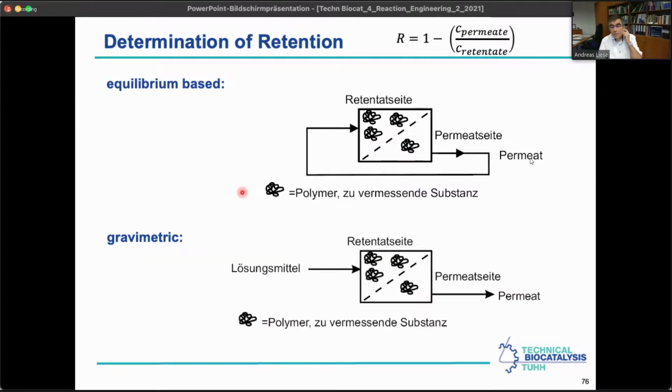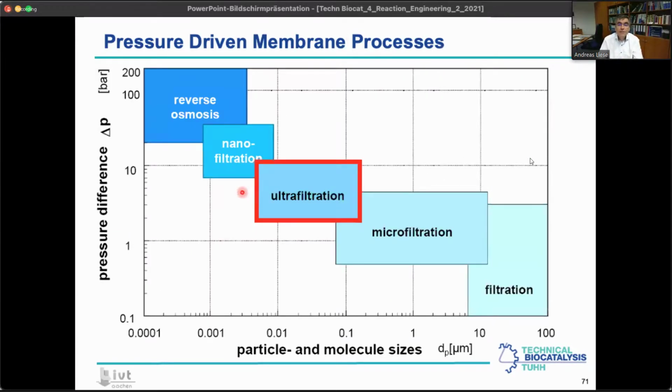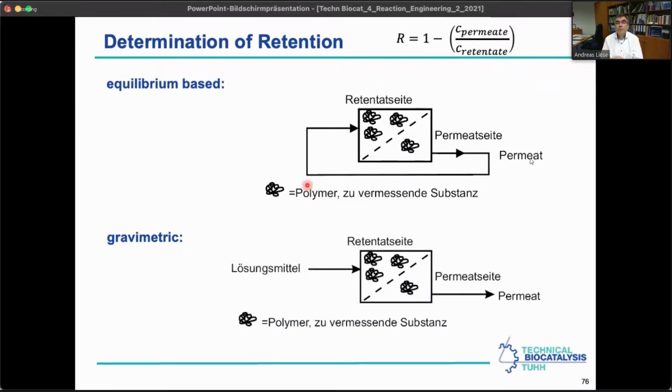Now, an important point, if we are coming back to this pressure process, is the question how efficiently can we retain any particles or any molecules that are homogeneously solubilized with this area of ultra- and nanofiltration. To determine this, we have a new term, retention, what you see up here.